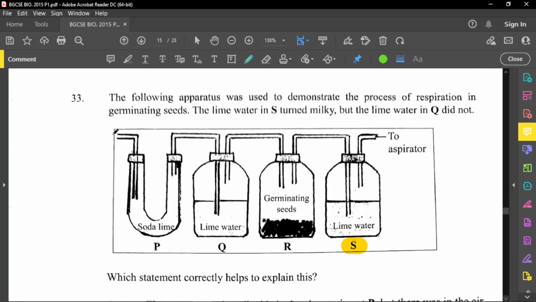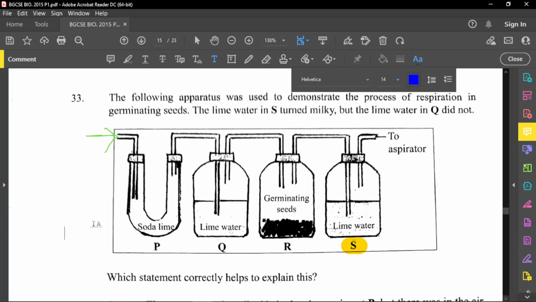The flow will be in this direction. Based on that, make a note here again that soda lime absorbs carbon dioxide.